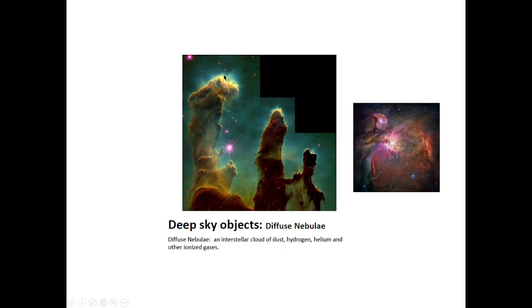This is the Pillars of Creation. The very tips over here are where stars are being born, and as they ignite, the solar wind will push out that gas and diffuse it. So any material that doesn't get absorbed by the star itself or a planet during formation will be pushed away, and eventually this will dissipate.